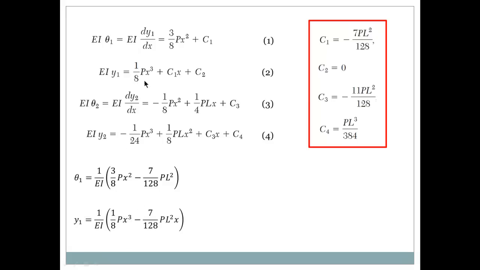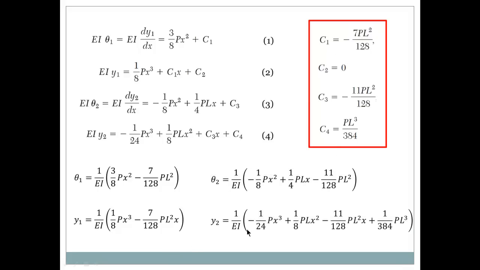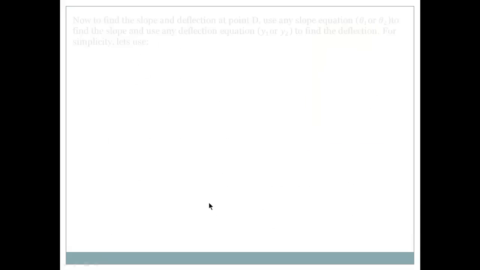And for y1, which is equation 2, after substituting the constants, and theta 2 is this, and y2 is this. So now I have the equations theta 1 and y1. These are the equations for segment AD, the slope and the deflection, and for segment DB, the slope and the deflection.